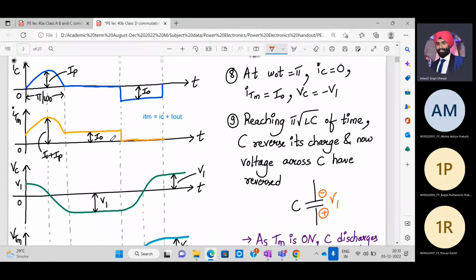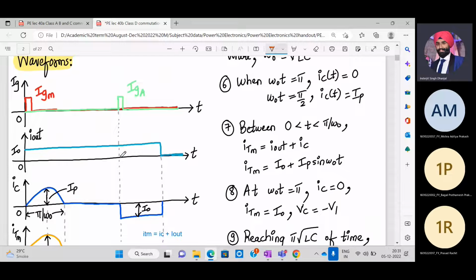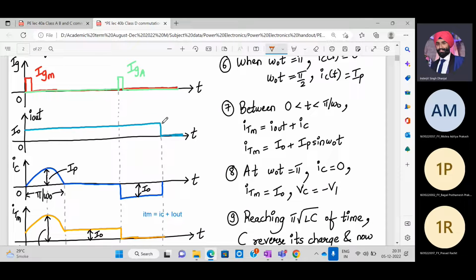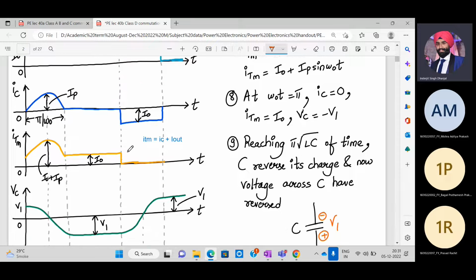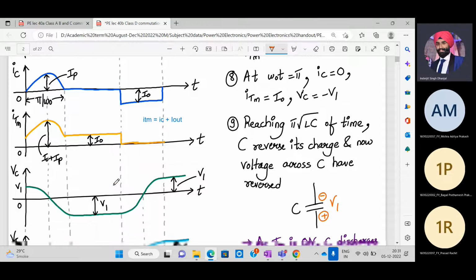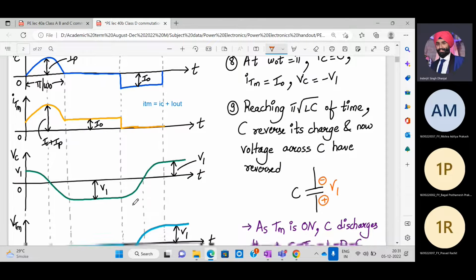Let's go back to the waveform now. We have reached here. Let's say we have turned on the auxiliary SCR. Current is still constant because we have an RL load. Now the capacitor current will also be constant, minus I naught. The main SCR current will be 0 because it is off, and the capacitor voltage will hold that value for some time.